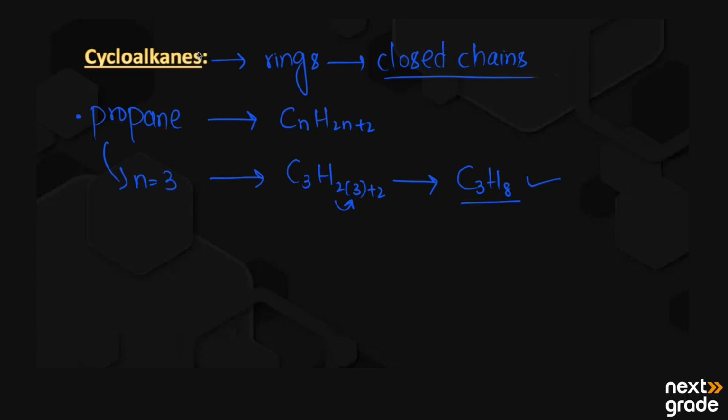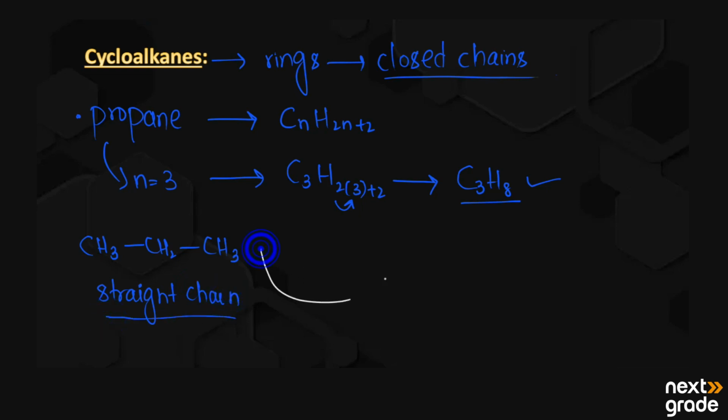The straight chain structure for propane is CH3, CH2, CH3.